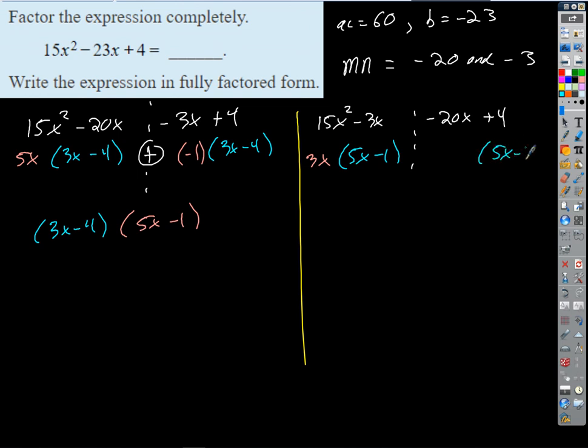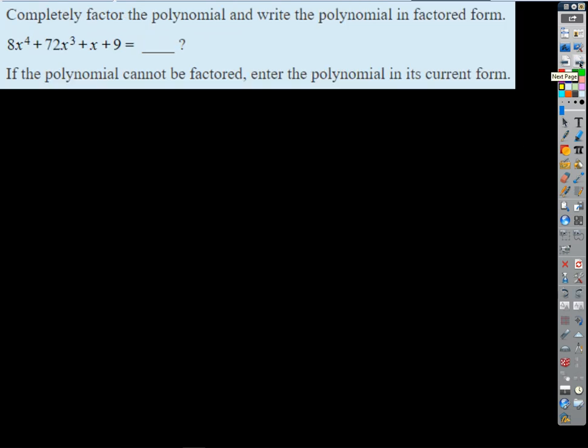Over there we need a 5x minus 1. So that means we have to factor out, what, a negative 4? Well, is that just going to give us that?